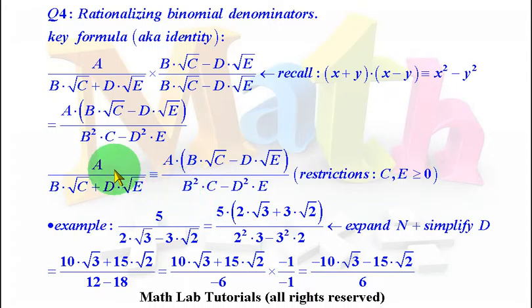And of course, the left side is identically equal to the right side, and that's why we use a triple stroke. Now, there are a couple of restrictions. We certainly need c and e to be greater than or equal to 0, because these are the arguments of the radicals.